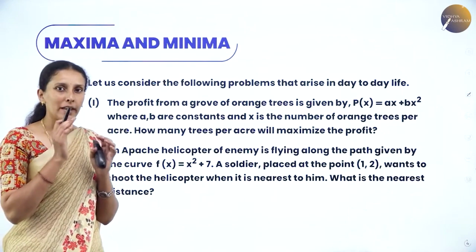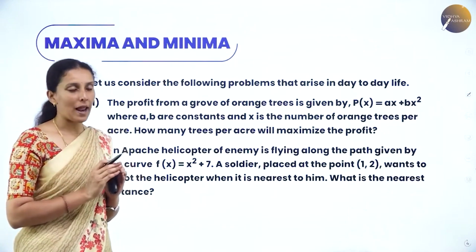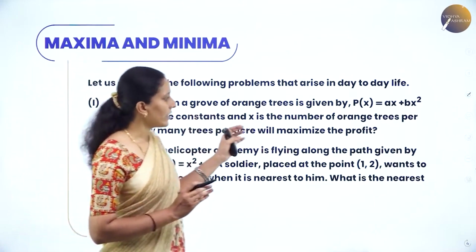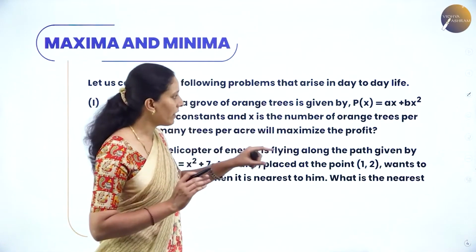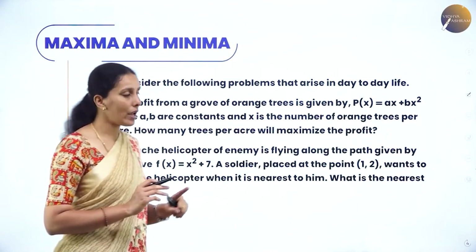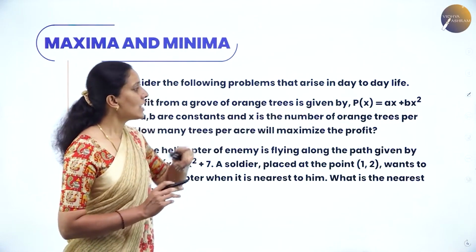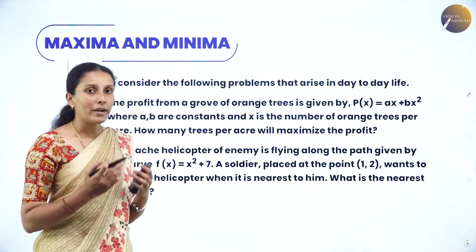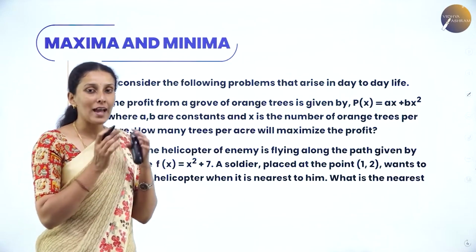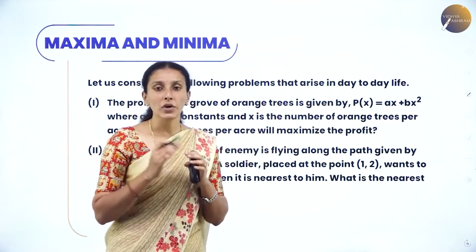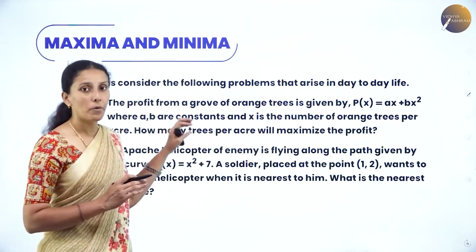If some x number of orange trees are planted in 1 acre, the profit is given in the form of a function, P of x is equal to ax plus bx square, where x represents the number of orange trees and a and b are constants. Then how many orange trees have to be planted in an acre so that we will get the maximum profit?